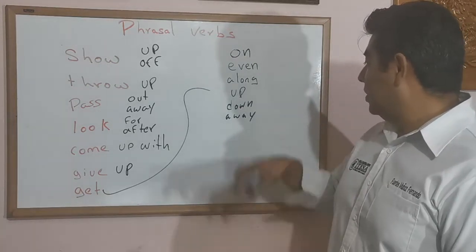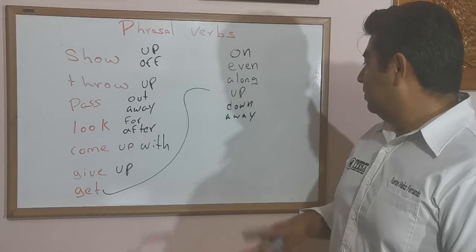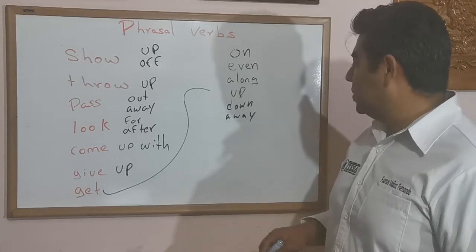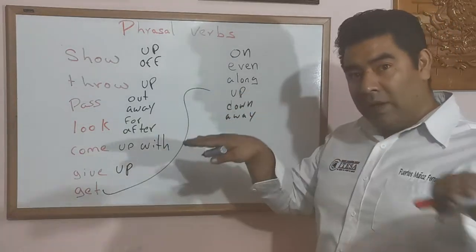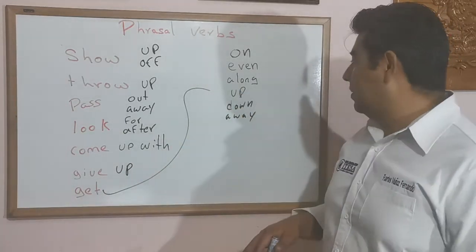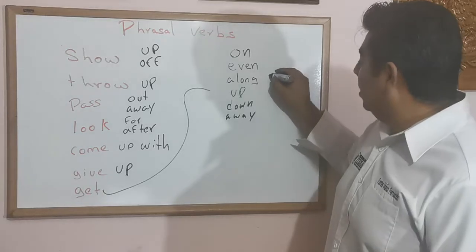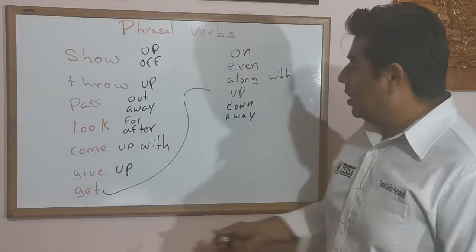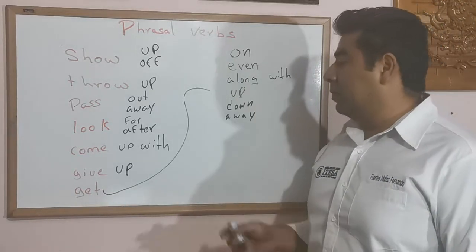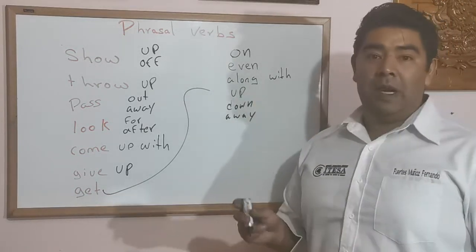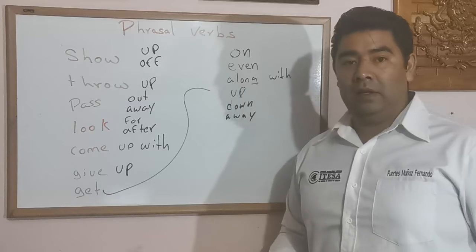I'm thinking about movement, right? Prepositions. So you say get on, get even, right? Get even is like desquitarse. Get along with, for example. Get along with is a 3-word phrasal verb. Get along with is llevarse bien con alguien, right?